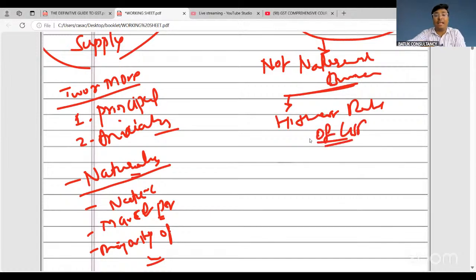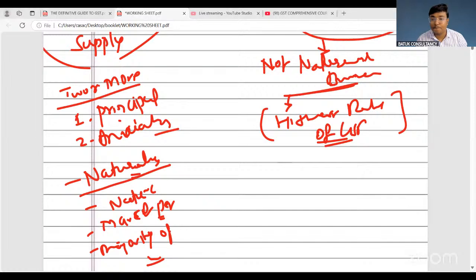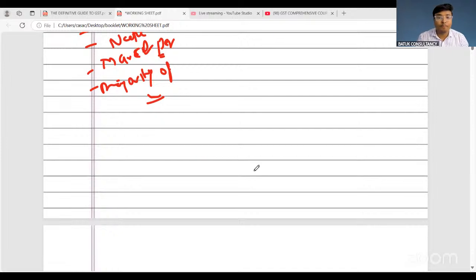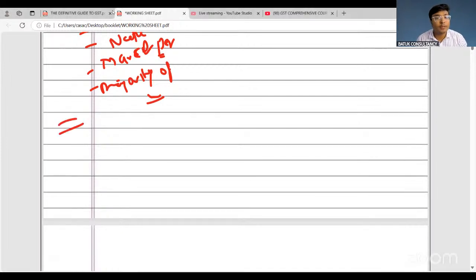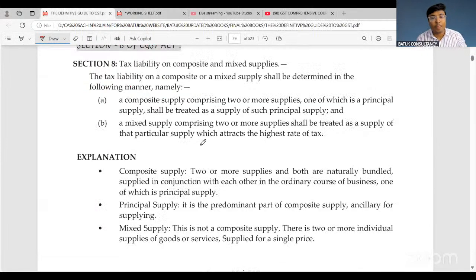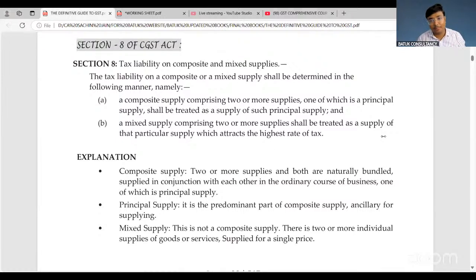Okay, now let's discuss the same with the book, that is our PDF module.